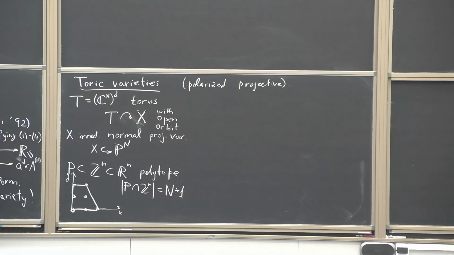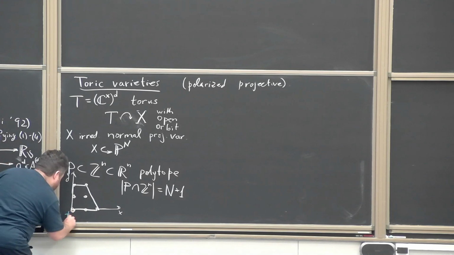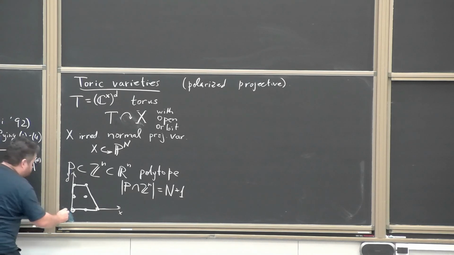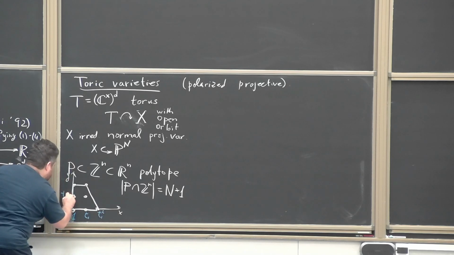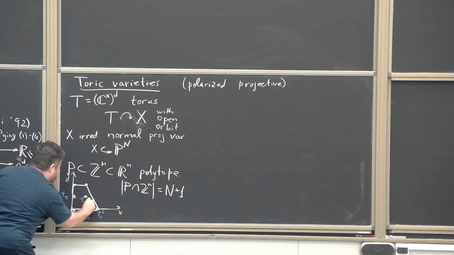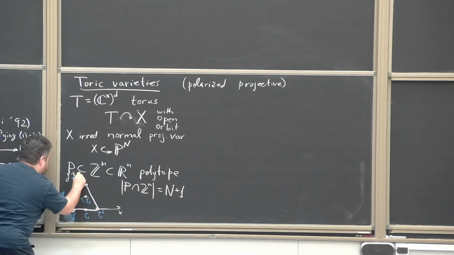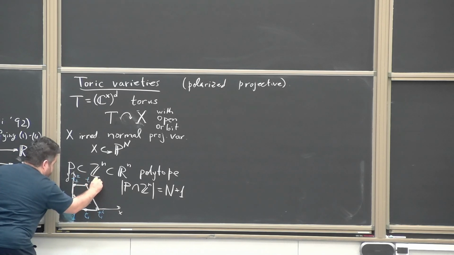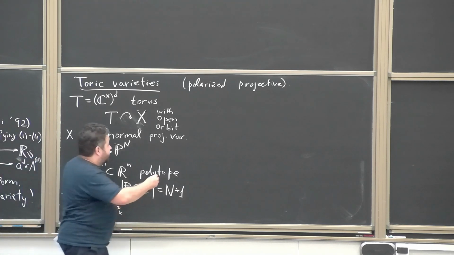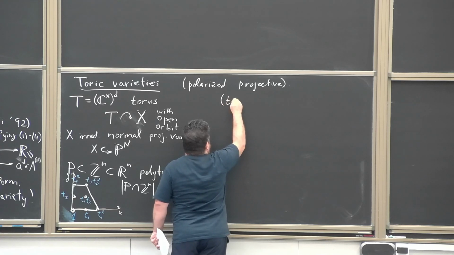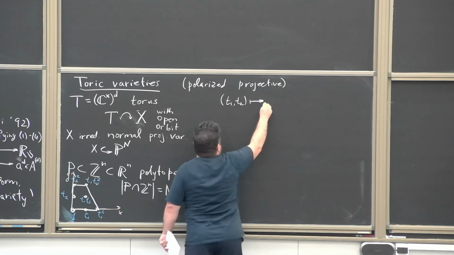I can take t1 to the power of the x coordinate and t2 to the power of the y coordinate. So this will be 1, t1, t1 squared, t2, t1 t2, t1 t2 squared, t1 squared t2 squared.